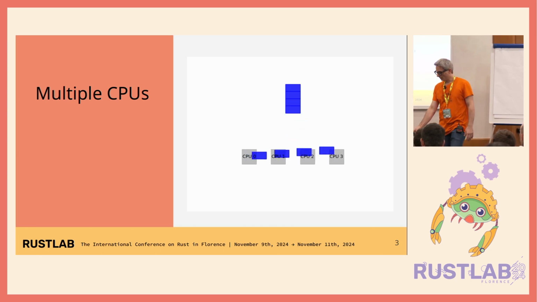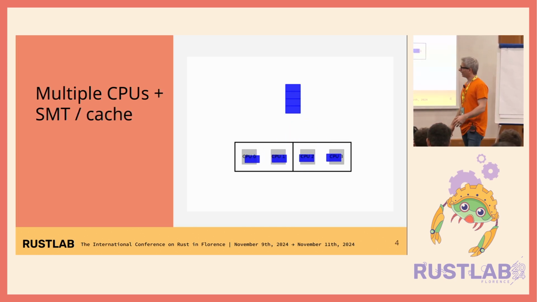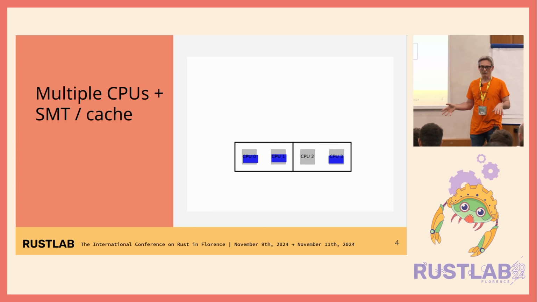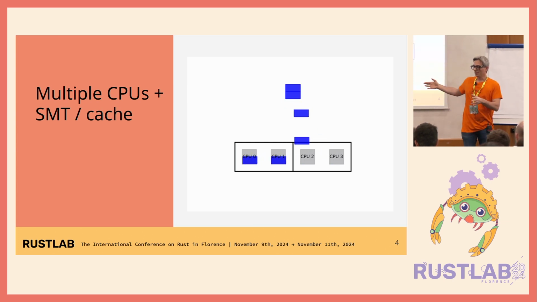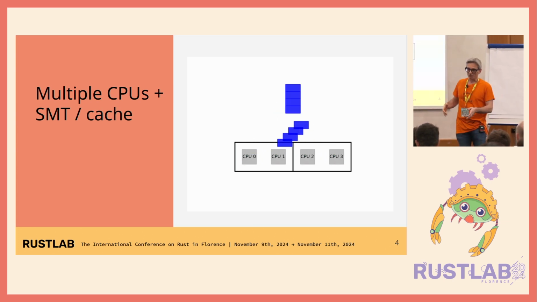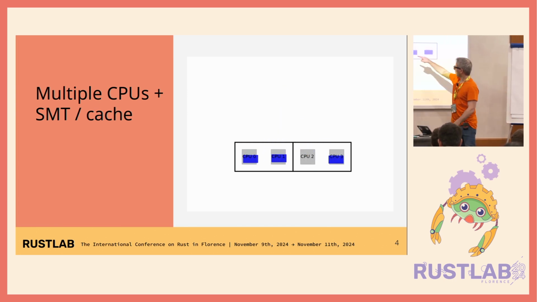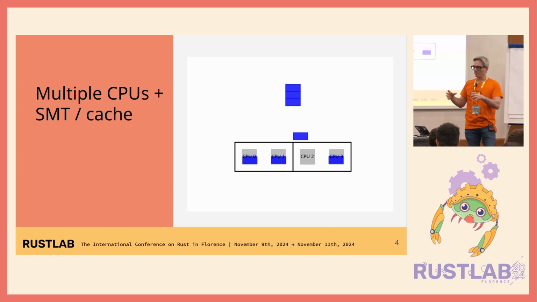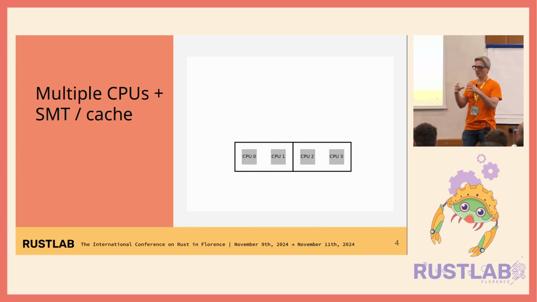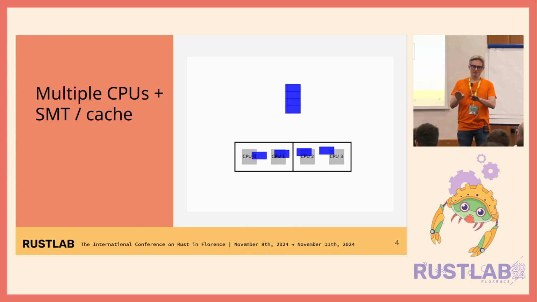Seems easy. The problem is you may have a complex topology. For example, let's take into account caches or SMT. In this case, we may have these big boxes around the CPUs. It might be an SMT core, meaning that, for example, CPU 0 and CPU 1 share some resources.